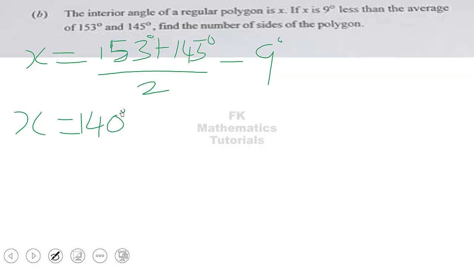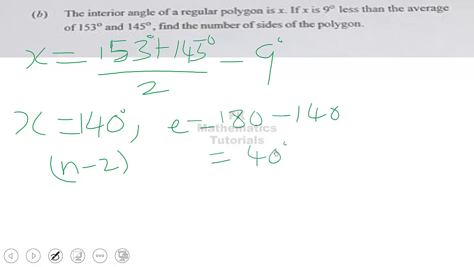Good. So this is the interior angle of the regular polygon. So if this is the interior angle, then the exterior angle will be equal to 180 minus 140, and that will be equal to 40 degrees.